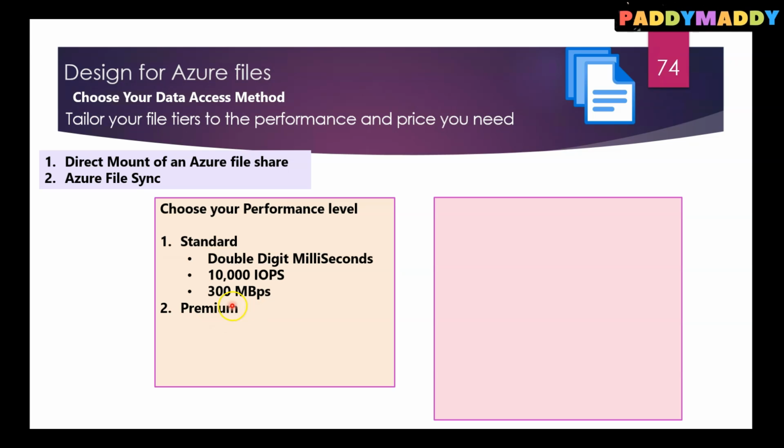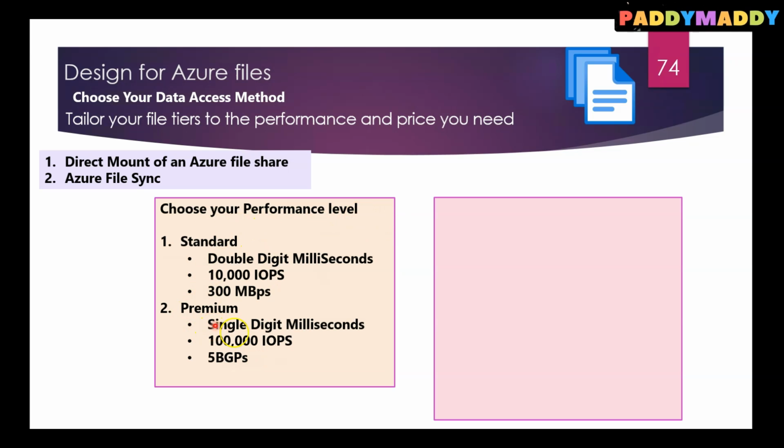Whereas with the premium, you would be getting single-digit millisecond latency. That's the latency you can expect. And you are also going to get close to 100,000 IOPS. That's the latency and performance you could get. And the speed, when compared with the standard, you're going to get 5 Gbps if you choose the premium performance layer.